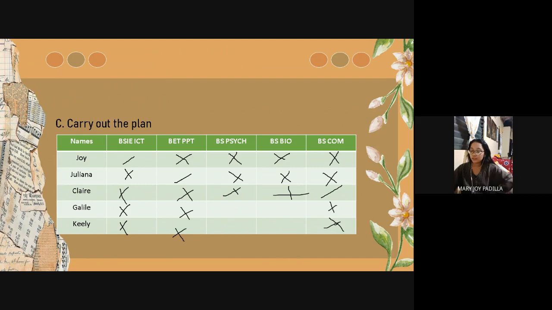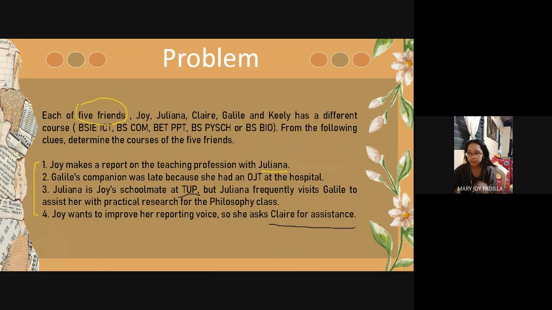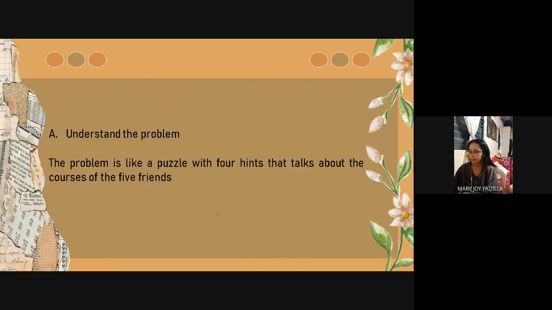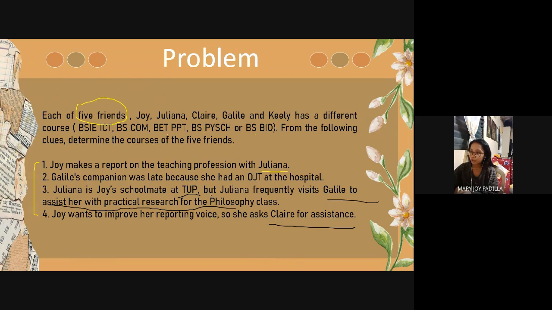So, may nakalimutan ako. Sino sa dalawa, si Galilee o Kylisa, ang BS Psych and BS Bio? Nakalimutan ko dun sa ating clue 3. Juliana and Joy are schoolmates at TUP, but Juliana frequently visits Galilee to assist her with the practical research for the philosophy class. Nandyan na ang clue, philosophy class.